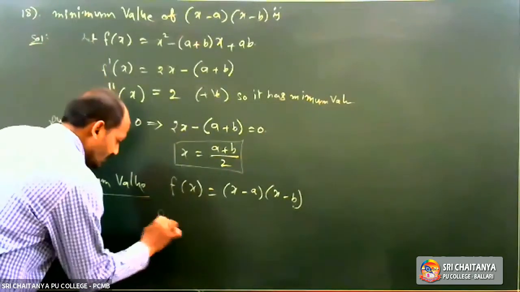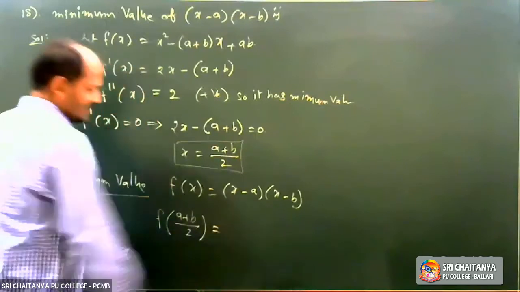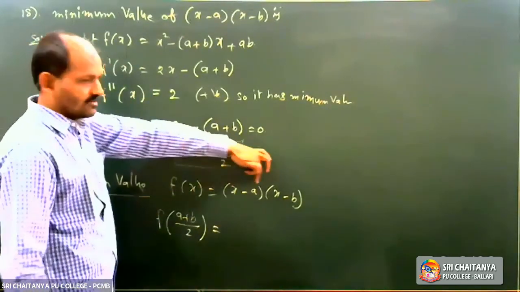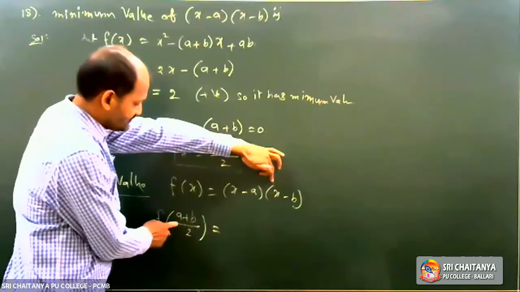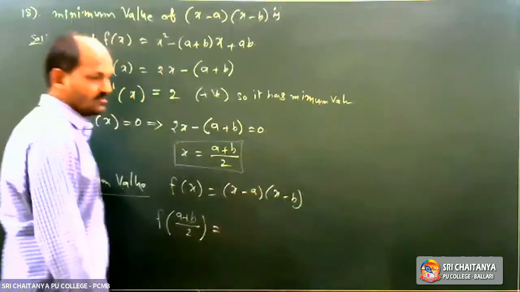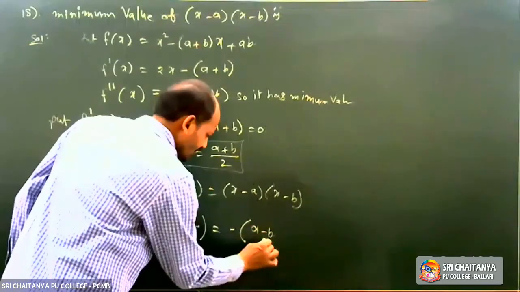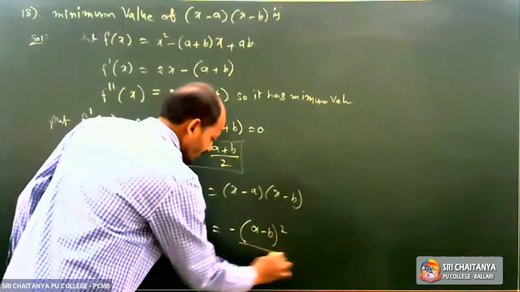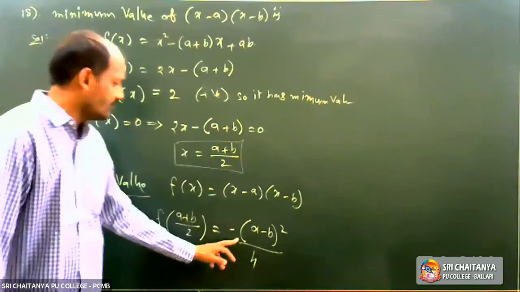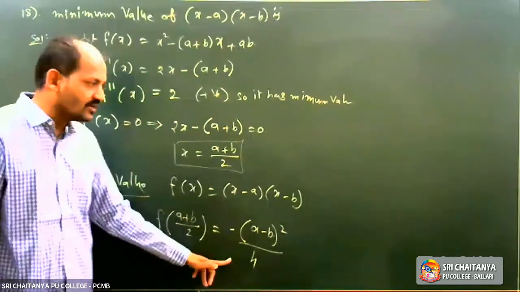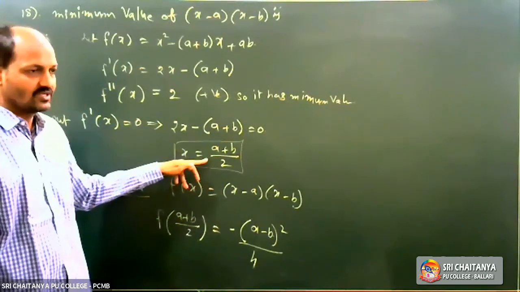So f of a plus b divided by 2: substitute, it is a plus b divided by 2 minus a, into a plus b by 2 minus b. We get minus of a minus b whole square divided by 4. It is the minimum value at x equal to a plus b by 2. Okay? Right.